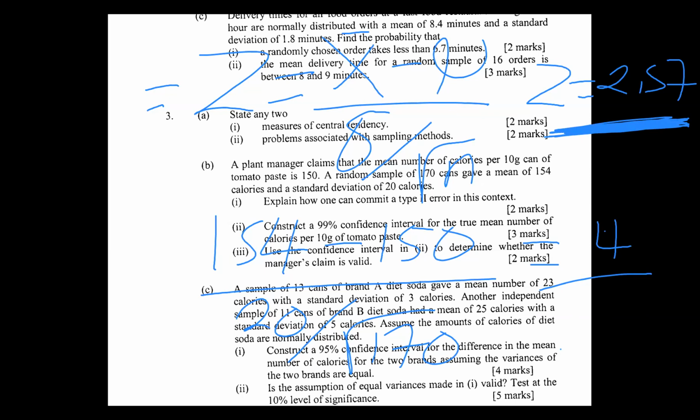20 divided by the square root of 170 is 1.5339. So can we divide 4 by this number now? What is the answer?